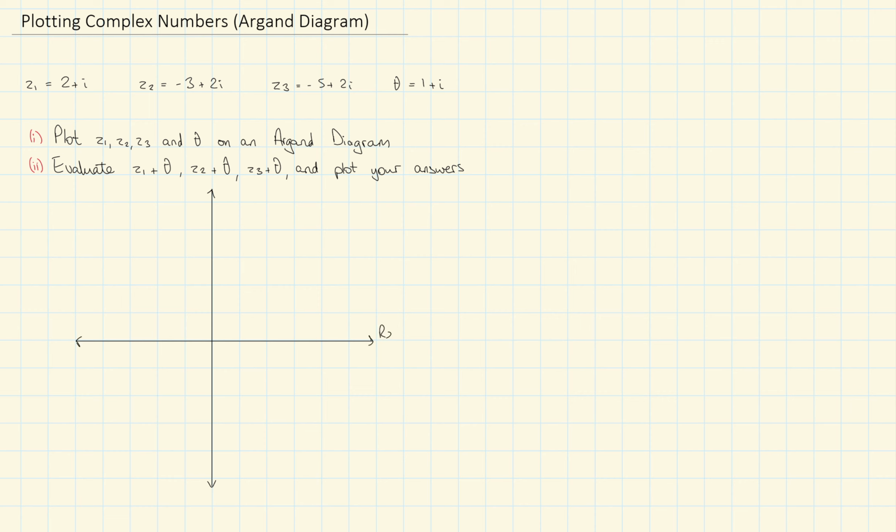So the x-axis is what we call the real. The y-axis is the imaginary.